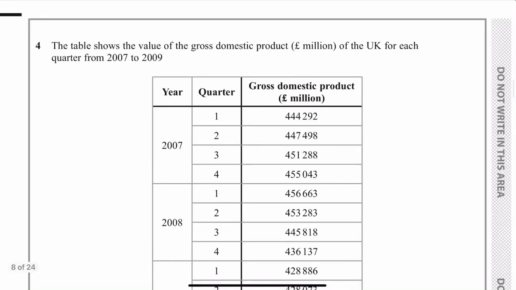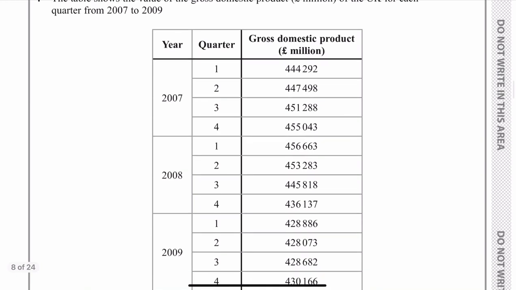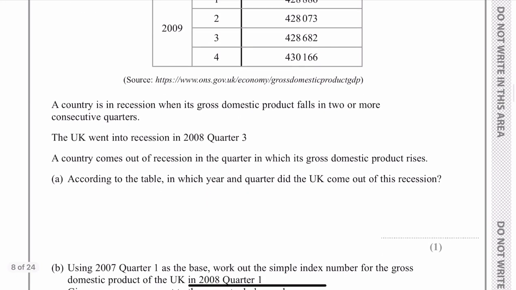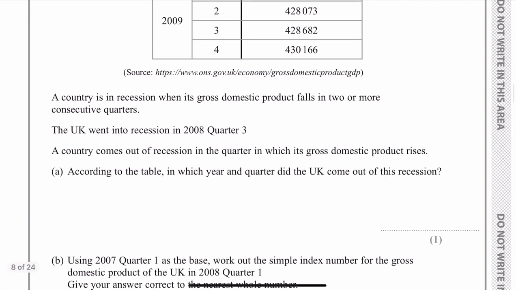Okay, so question 4. The table shows the value of the gross domestic product of the UK for each quarter from 2007 to 2009. So here's the table. Got all this information. A country is in recession when its gross domestic product falls in 2 or more consecutive quarters.